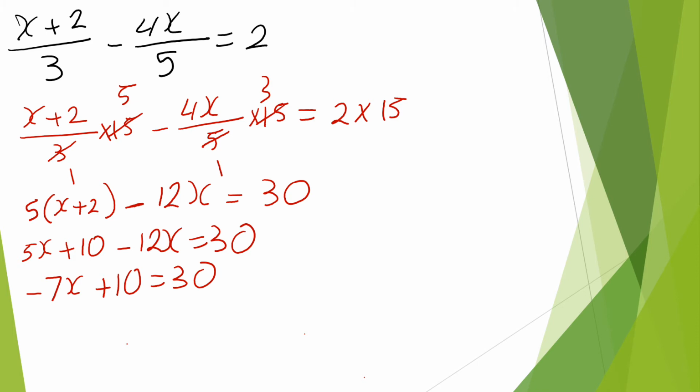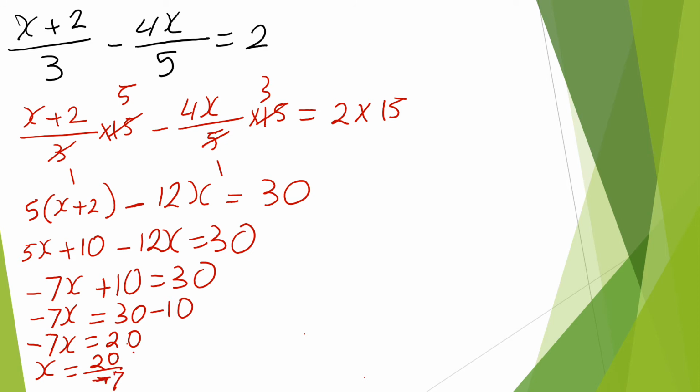Now isolating the x, so taking the 10 to the other side first, becomes negative 10. That's why I'll end up with negative 7x equal 20. Now you're dividing by negative 7. That's your final answer.